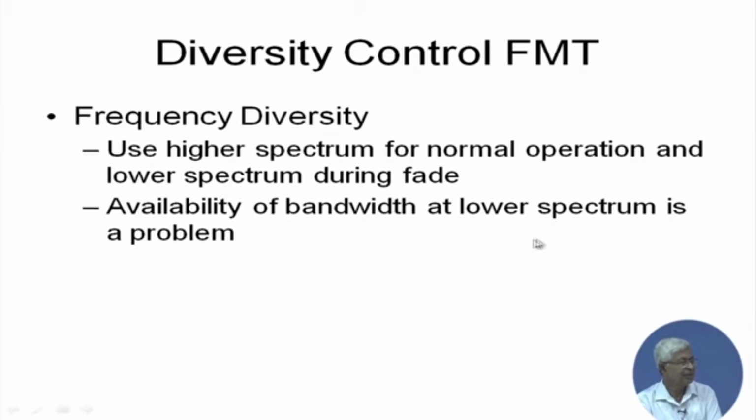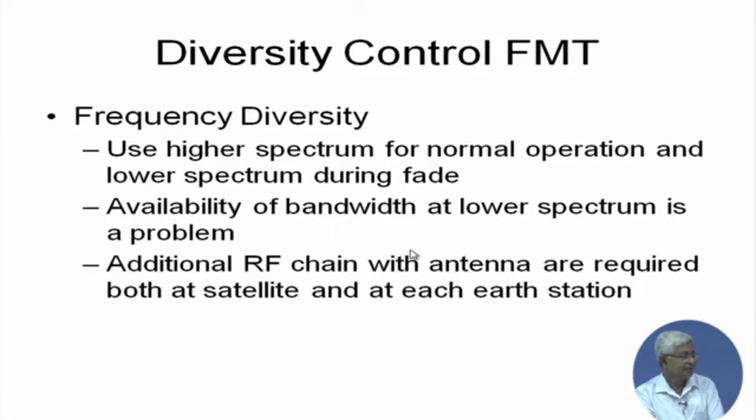So at higher and higher bands you have larger bandwidth allotted. If you are operating at a higher band and suddenly change over to a lower band, you may have a bandwidth problem at the lower spectrum. And of course, as I mentioned, an additional RF chain including the antenna is required both at the satellite and at each station.